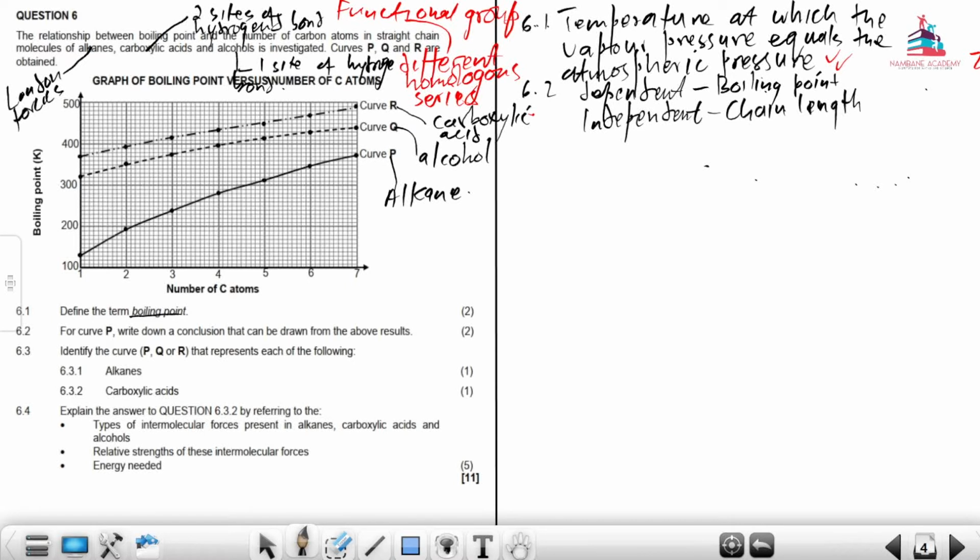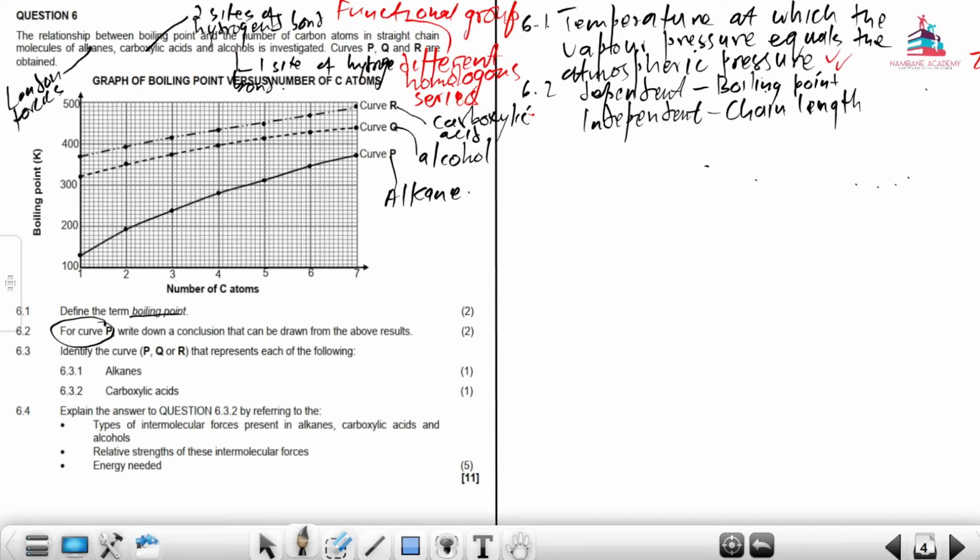So we are not comparing R, Q, and P. Hence the examiner is specific to say for curve P. So what is it that we can say? It's very easy. We can easily see that the boiling point is increasing with the increase in the number of carbons. But now the number of carbons, remember, we relate it now to chain length. So that is the 2 things that we need to understand.